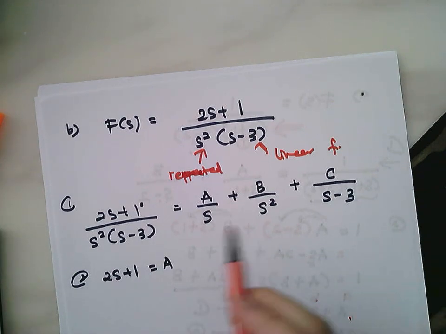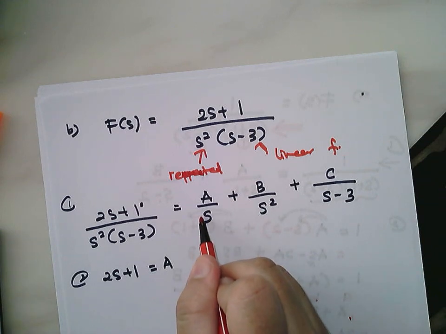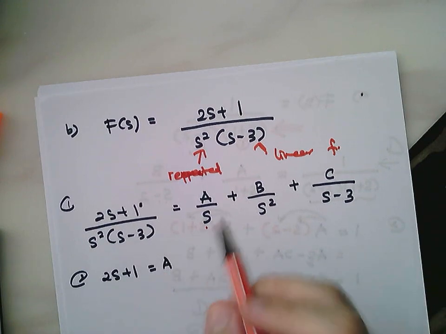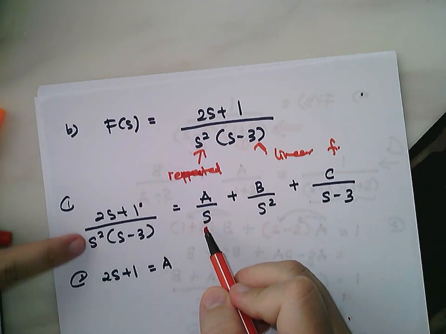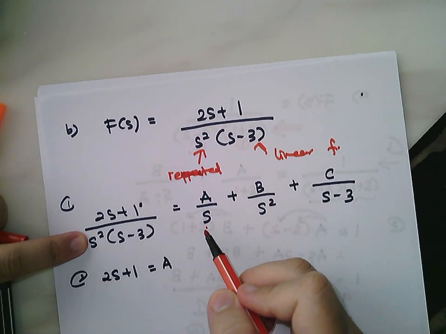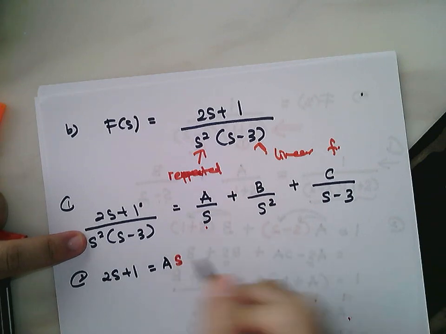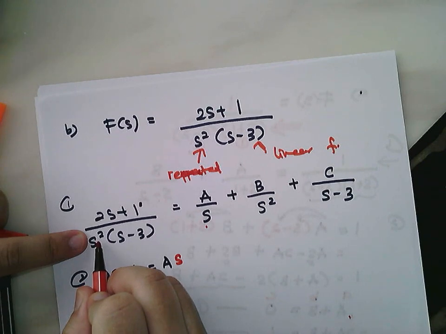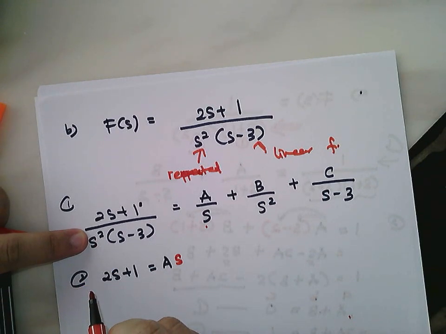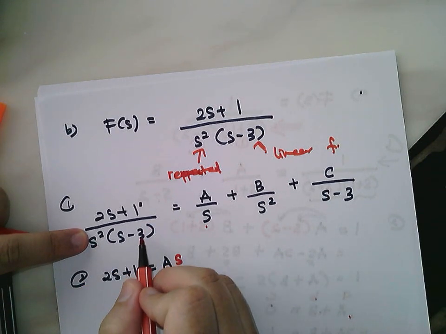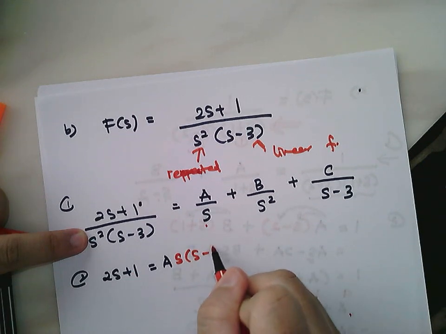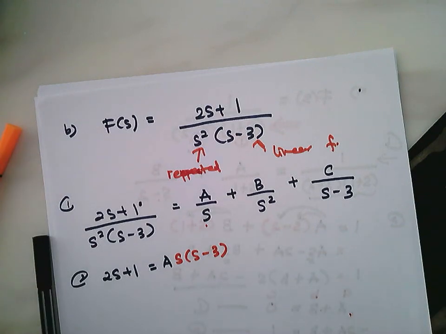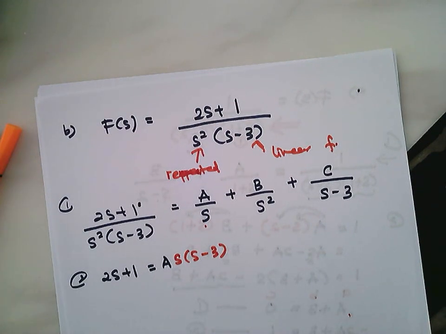You are going to compare this one with this function. So what is missing? This is s. What you need is s squared. So you need to multiply by s, then s multiplied by s gives you s squared. And another term that is missing is s minus 3. Good. The second one is plus b.